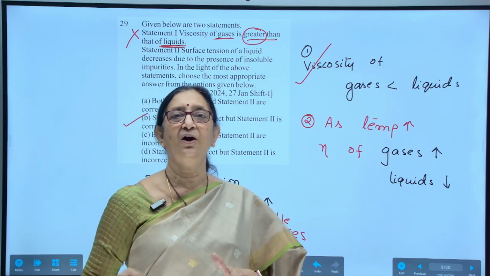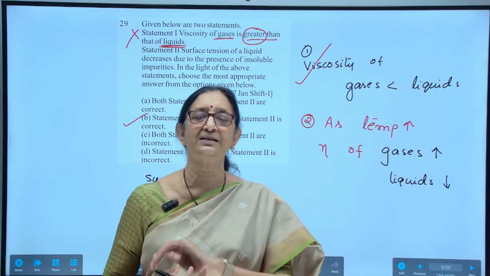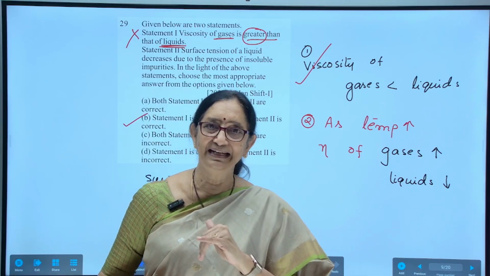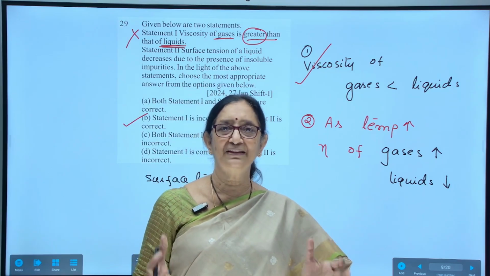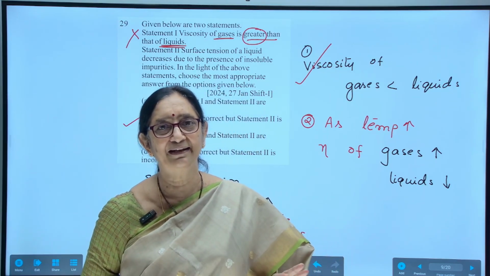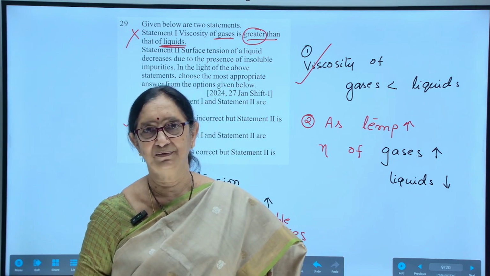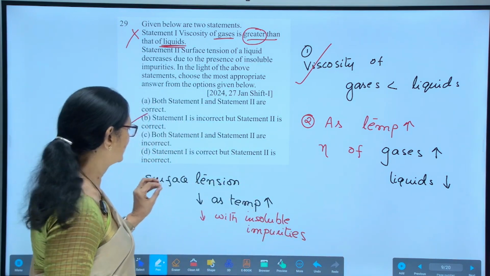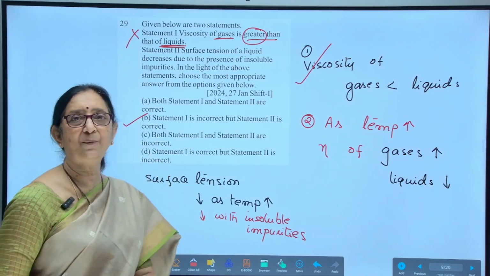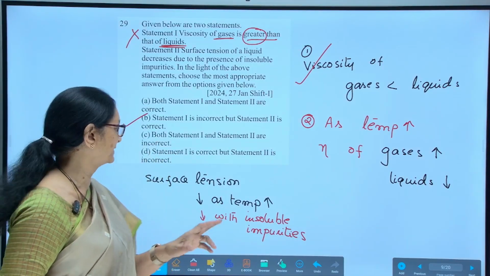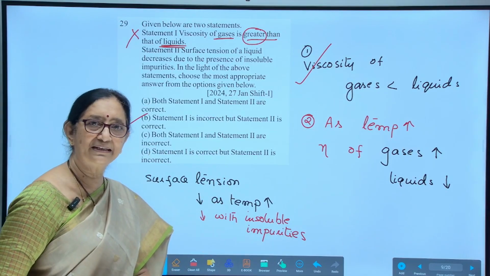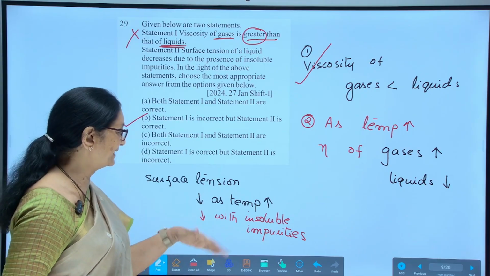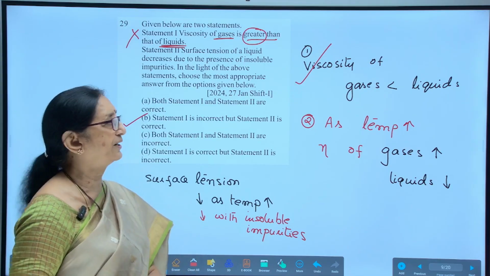So, when insoluble impurities are added to water or any liquid, its surface tension decreases. Because of that reason, mosquito breeding is eradicated on stagnant water. So, the two important points we are going to learn here: surface tension of a liquid decreases as temperature increases, and it decreases as insoluble impurities are added.